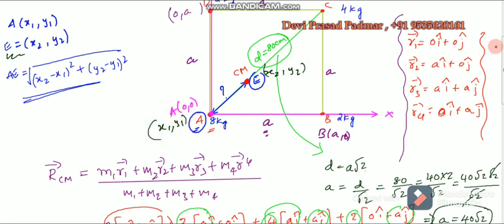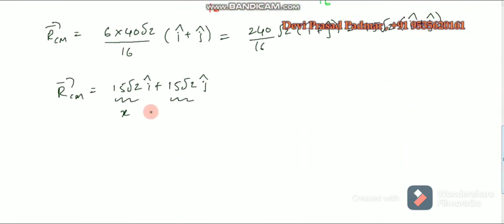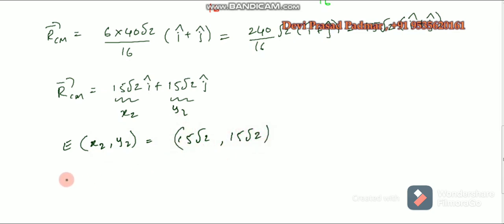Therefore we got the point E, x2 y2, equal to 15 root 2, 15 root 2, x and y. Similarly x1 y1, how much? That is 0 0, situated at origin.